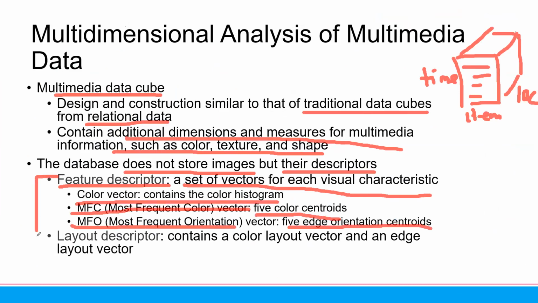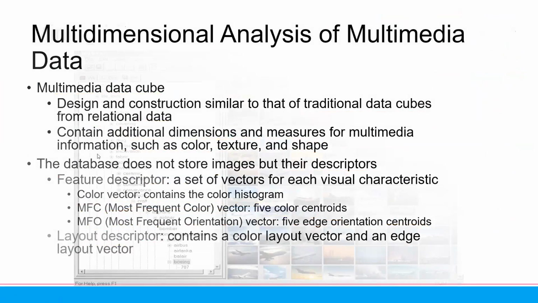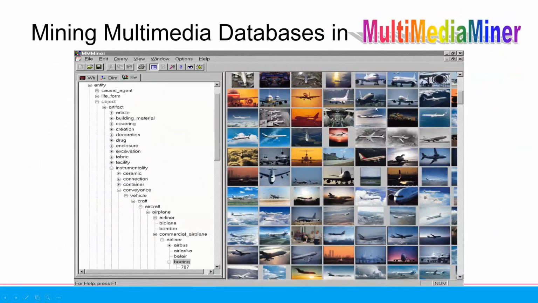Rather than the feature descriptor, we can also deal with the layout descriptor. Any image will have a layout. The layout will contain a color layout vector and an edge layout vector. So this is one example of multimedia mining.